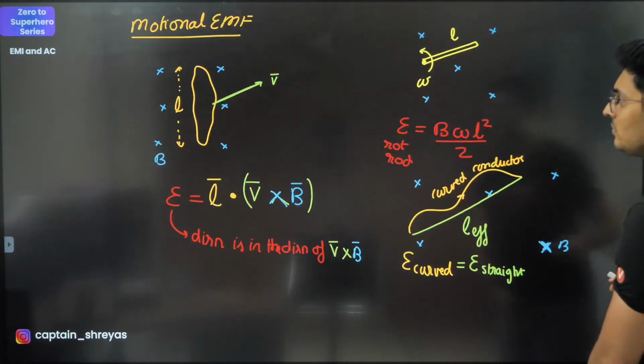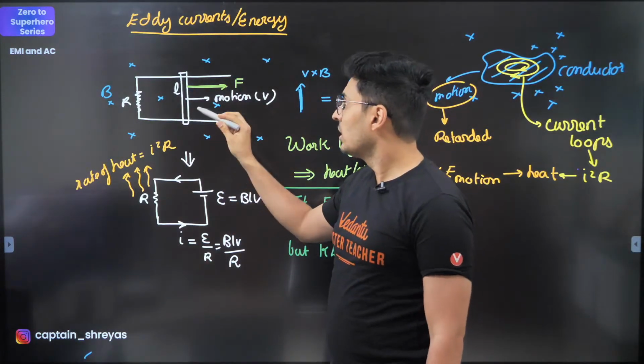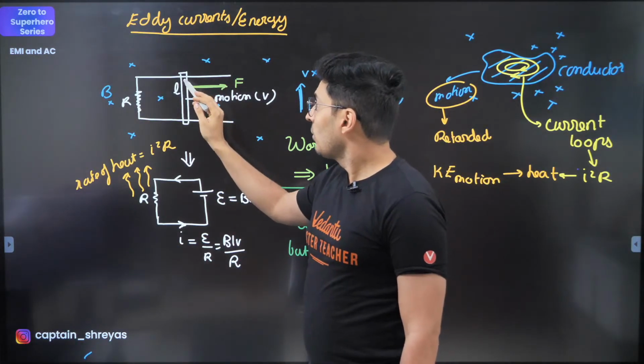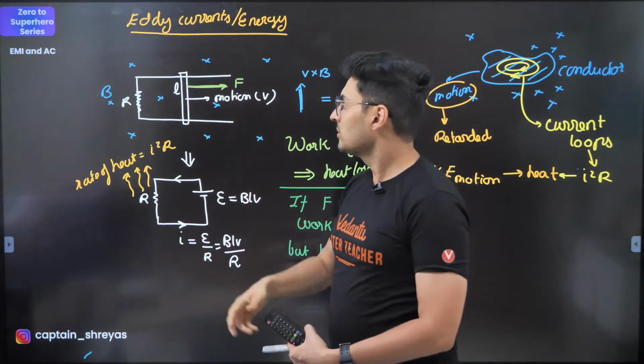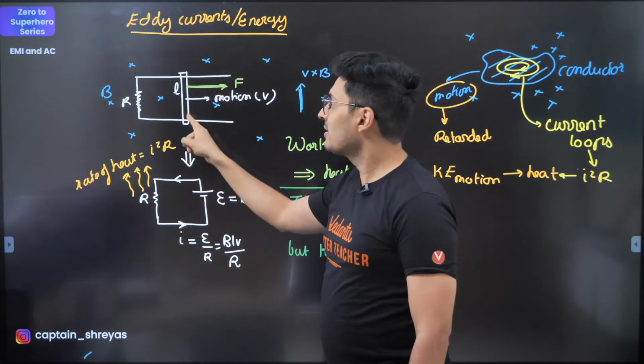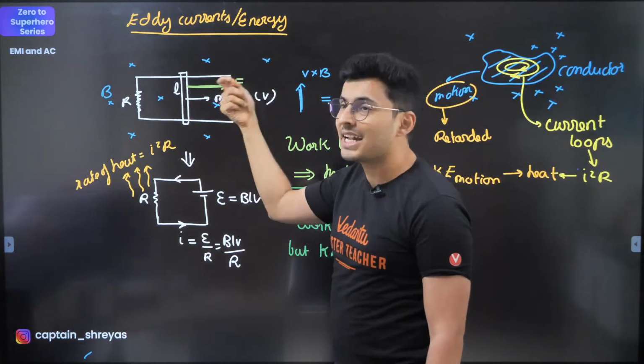sometimes this type of situation is given and they tell you that what will be the force required to pull it with some velocity. So you have to think, there is some current. If there is some current, there is some force by the magnetic field, which is ILB.